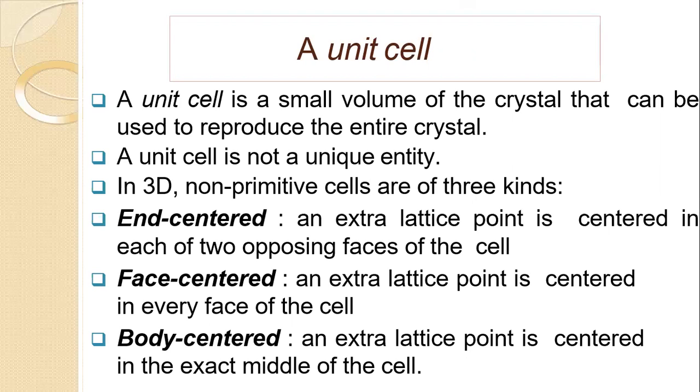We have already discussed. Next, in 3D, that is three-dimensional structures, non-primitive cells are of three kinds. Primitive structures come under the 2D structure only, but the non-primitive cells are of three kinds: end-centered, face-centered, and body-centered.